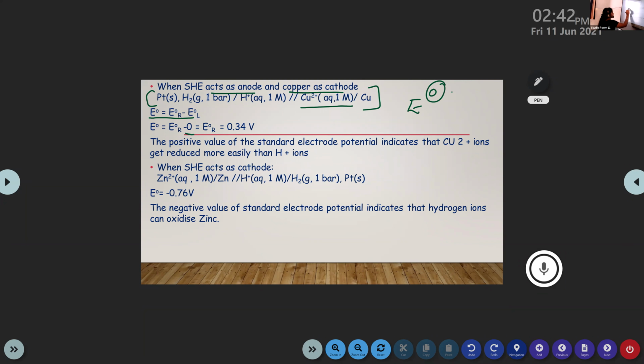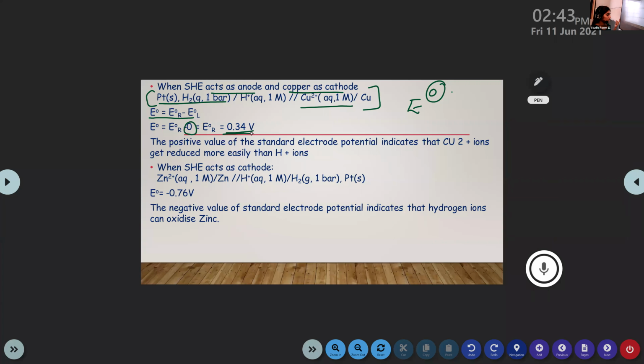So now you can substitute 0 for this E left, because here the standard hydrogen electrode is at the left side, that means at the anode side. We can take its value as 0. So E0 R minus 0 is E0 R. And we got the value 0.34 volt.